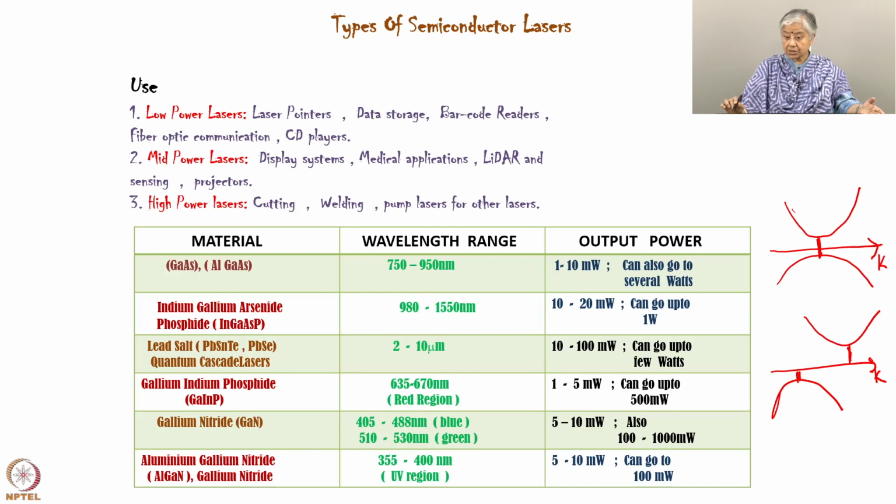It is not 0, it can take place in some cases, but there is an involvement of a third party, that is a phonon. I will not get into the description of phonon, but just remember that since silicon is an indirect band gap, the probability of lasing action is very low here, while gallium arsenide is a direct band gap. That means the K values of the lowest and the topmost are the same. That is the difference between these two.